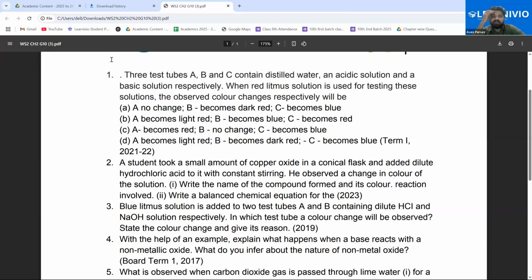B is incorrect because test tube A will not become red. It will remain unchanged.